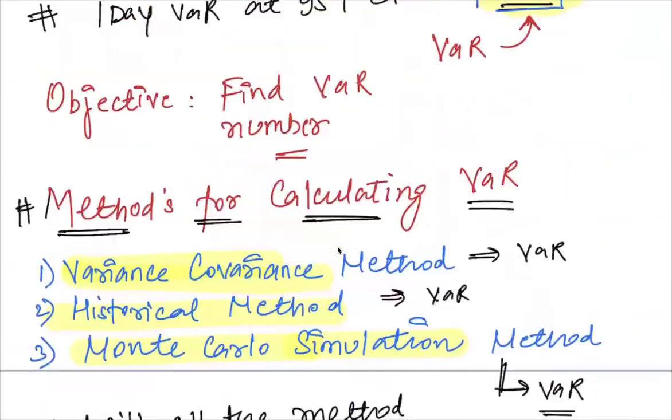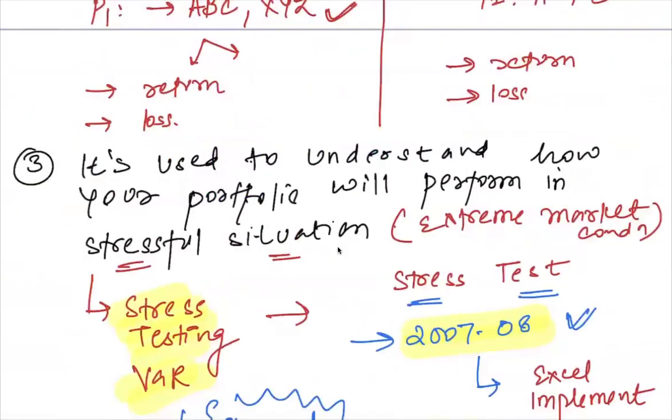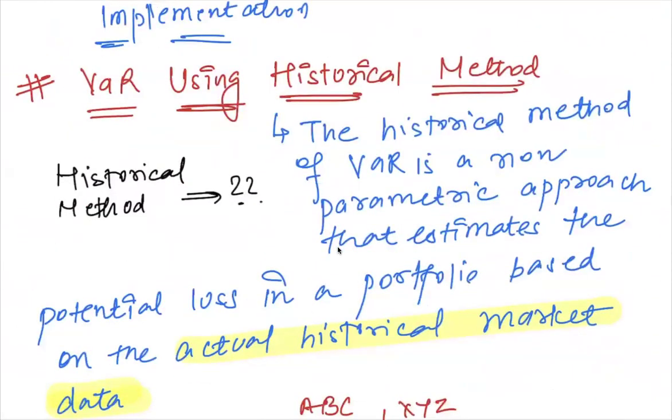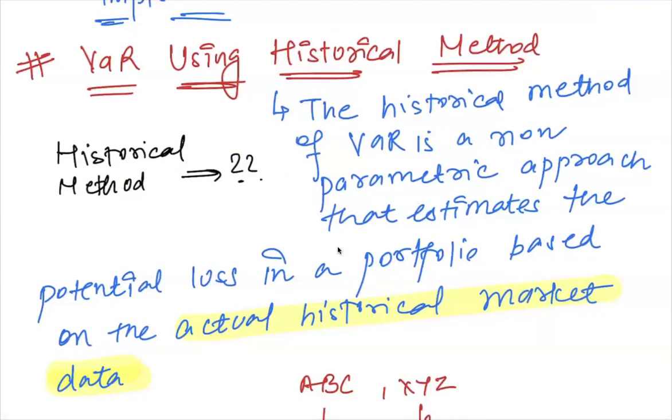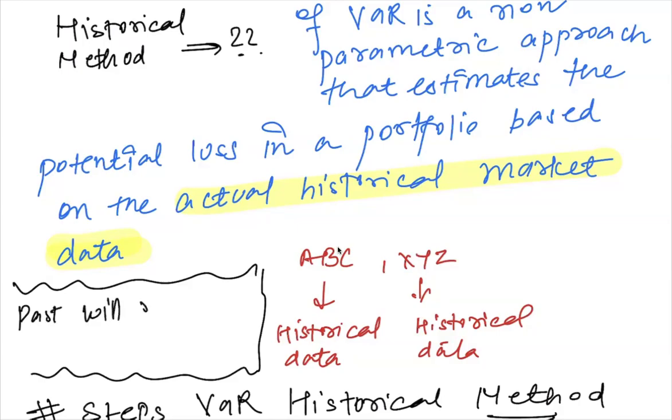Let me write here so that it's easy for all of you to understand. In the historical method, it assumes that the past will reflect the future. Whatever has happened in the past will happen in the future; it will be the same as what we will see in the future.